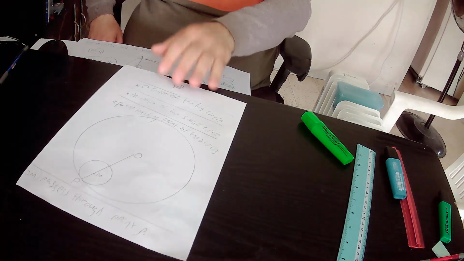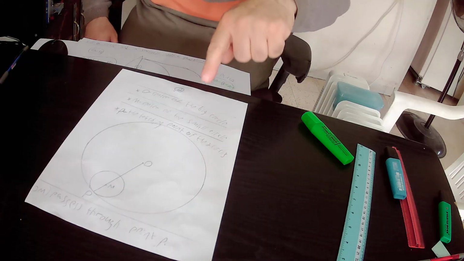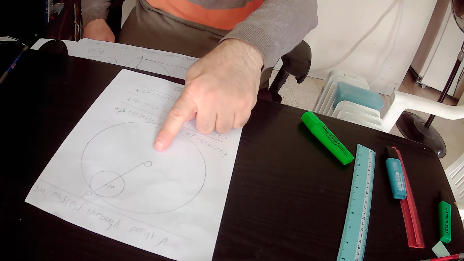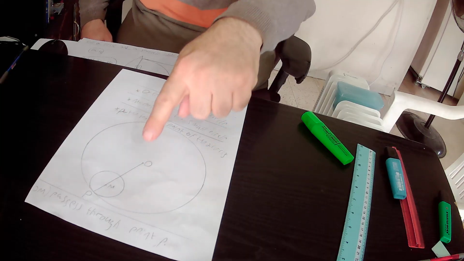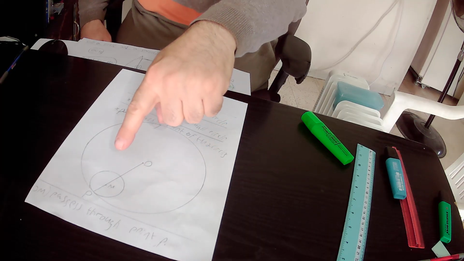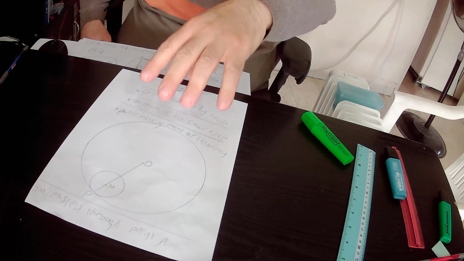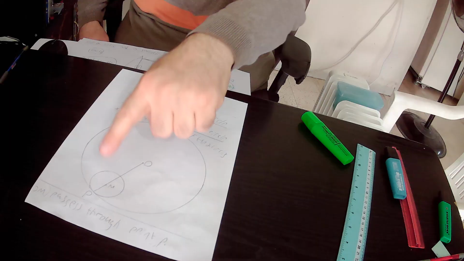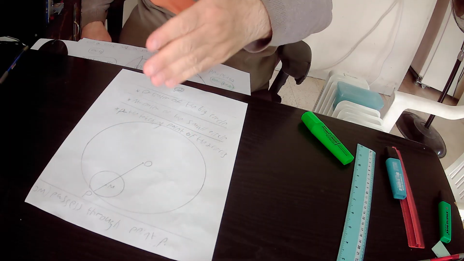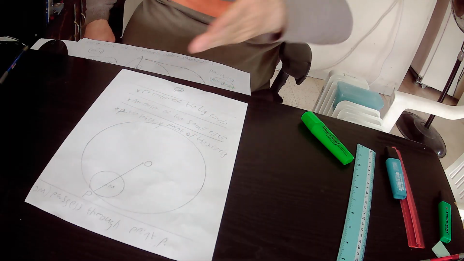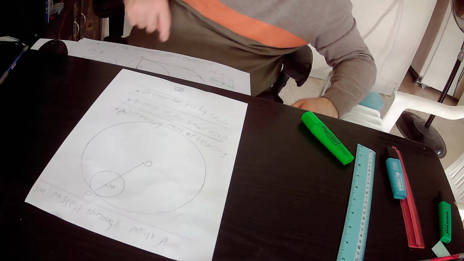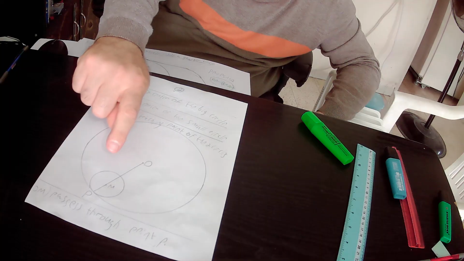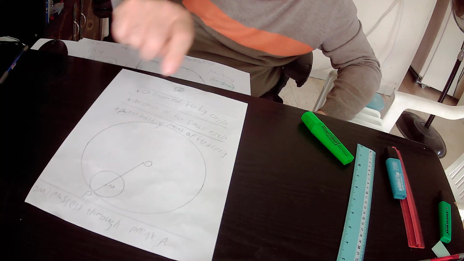So here we have this big circle. The center of this big circle is O. We have this small circle. The center of this small circle is M. And the big circle and the small circle touch each other internally at point P. According to rule 9, the straight line that connects the centers together, that is to say the straight line OM, must pass through point P, that is their touching point.